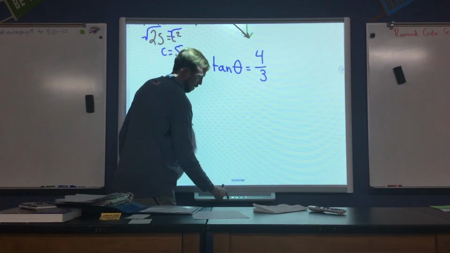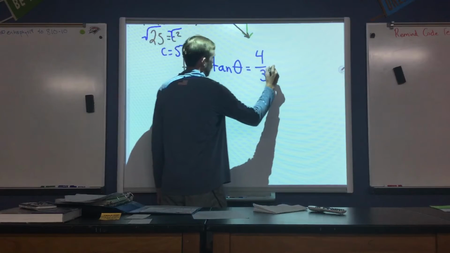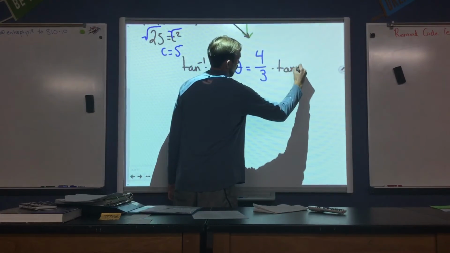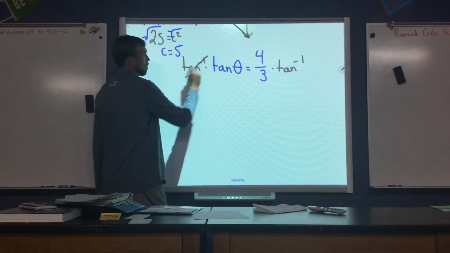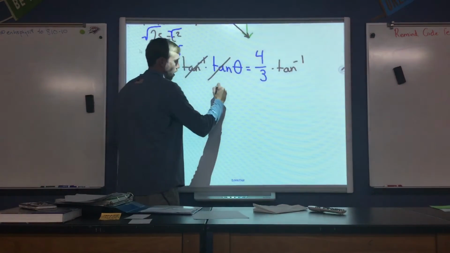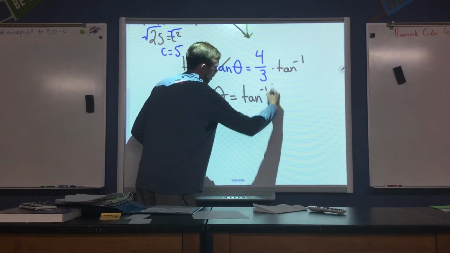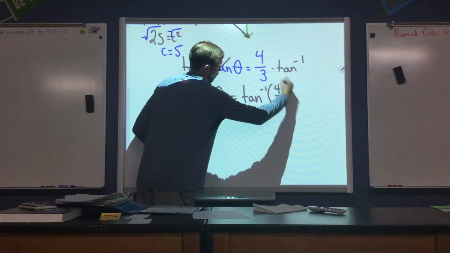Now we want to get theta by itself, which as we've seen, we do by multiplying by the inverse of tangent. Tangent multiplied by inverse tangent will cancel out, and we'll have a value for theta that is equal to the inverse tangent of 4 over 3.